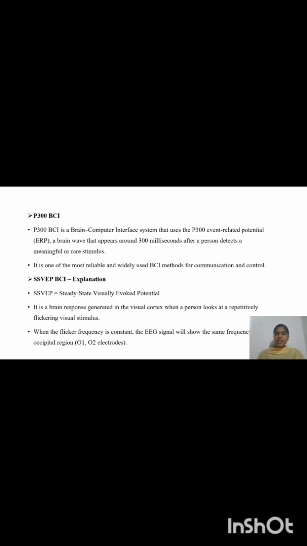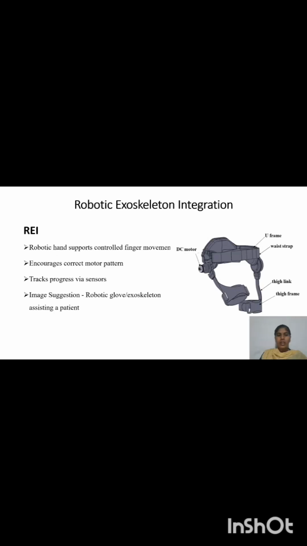The fluctuating frequency is constant. So the occipital region supports controlled finger movements using DC motors, U frame and wave shape, click and thigh frames. These encourage the correct motor patterns, track the progress via sensors, and the robotic gloves or exoskeletons assist the patient.